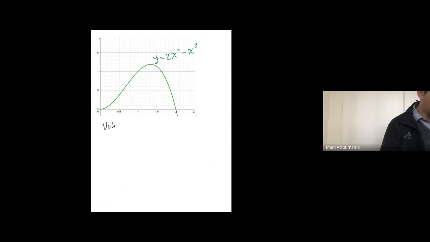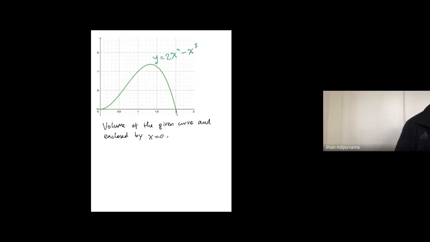Find the volume of the given curve enclosed by x equals 0 and x equals 2, rotated about the y-axis.